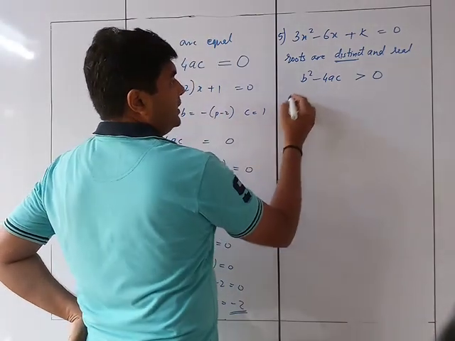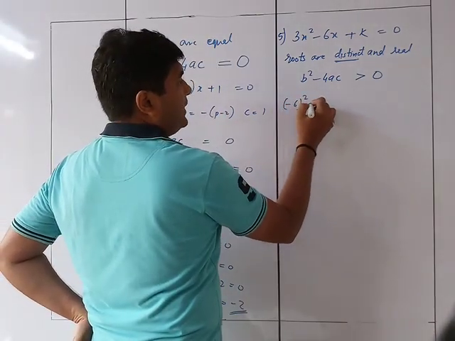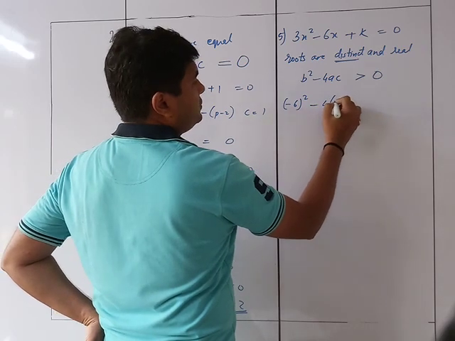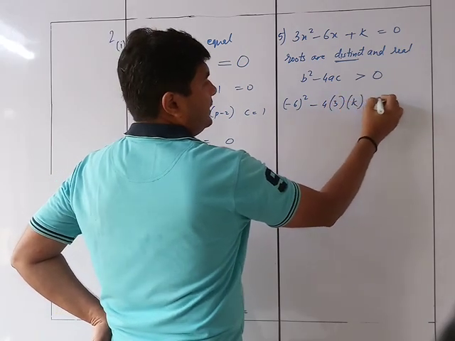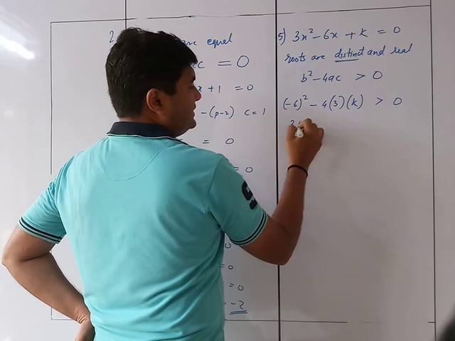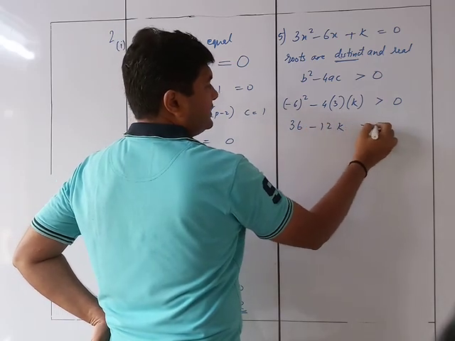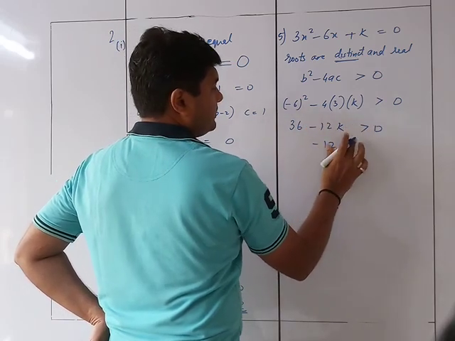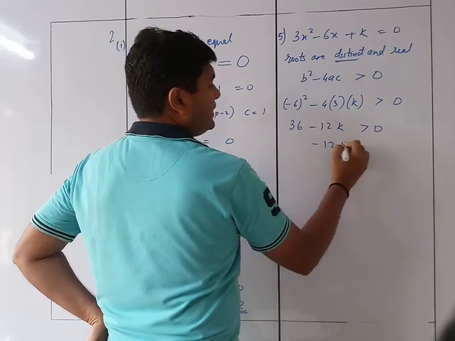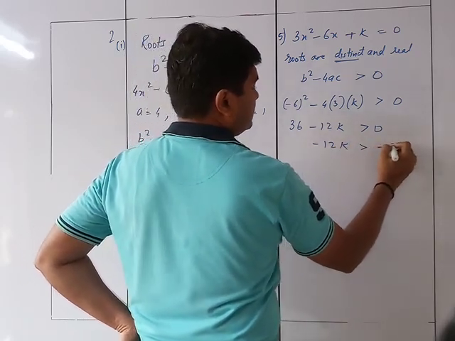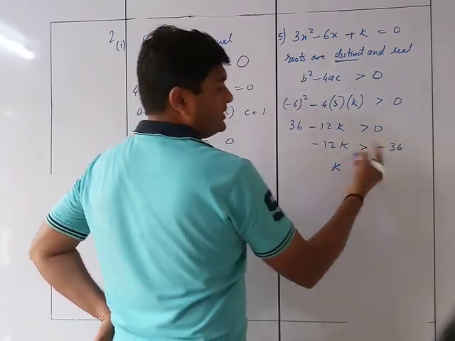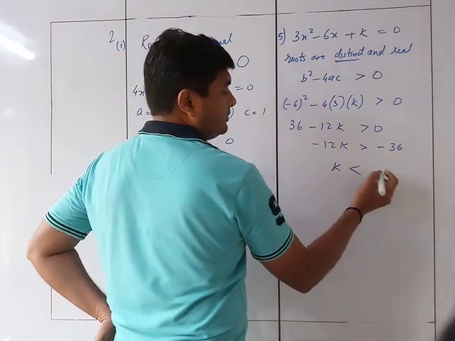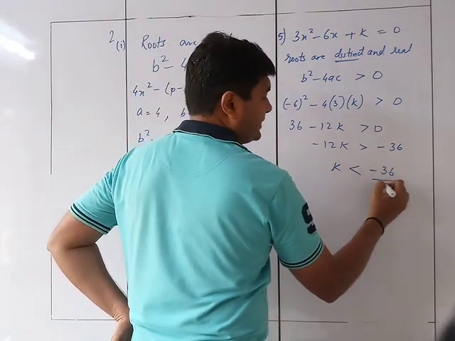Hence we find over here b square is minus 6 the whole square minus 4 into 3 into k is greater than 0. So 36 minus 12k is greater than 0, so minus 12k is greater than minus 36. The sign will change because a negative number is there, so k is less than minus 36 upon minus 12.